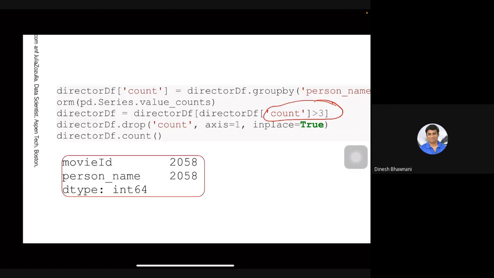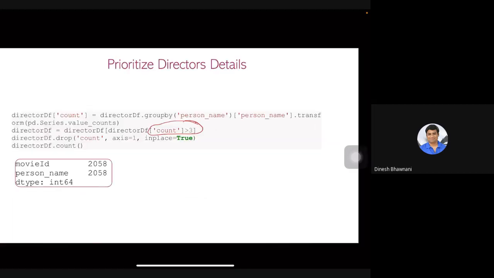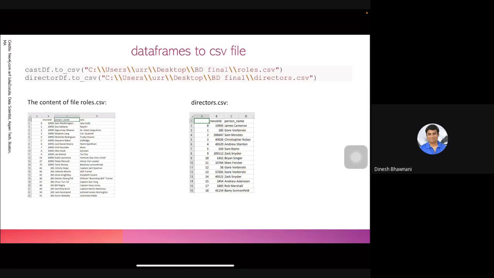So data frames to CSVs. We are trying to write these data frames back into CSV. A data frame is only inside Python. With that, you cannot work on Neo4j.